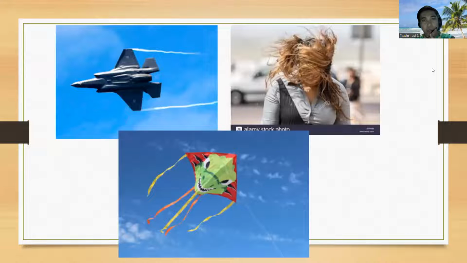For example, pag lumilipad yung eroplano or jet, nagpapalipad tayo ng saranggola, at saka yung buhok, gumagalaw siya kapag may force galing sa air. Yung wind, nag-oppose dun sa movement ng isang object, di ba?